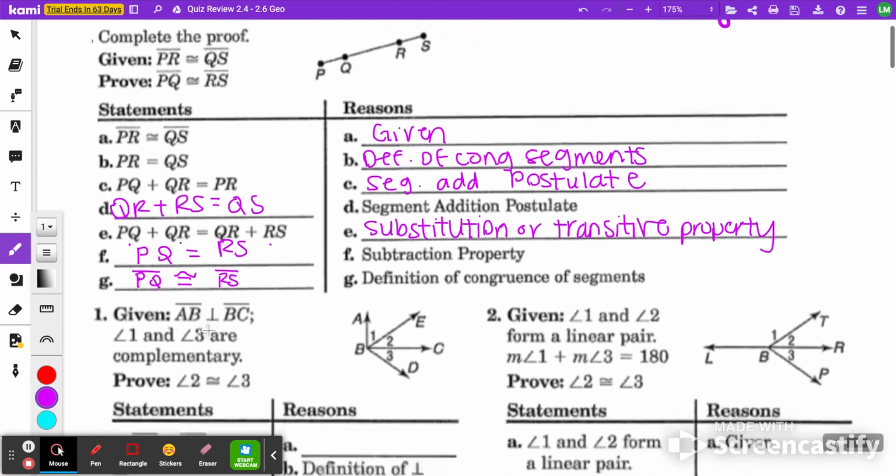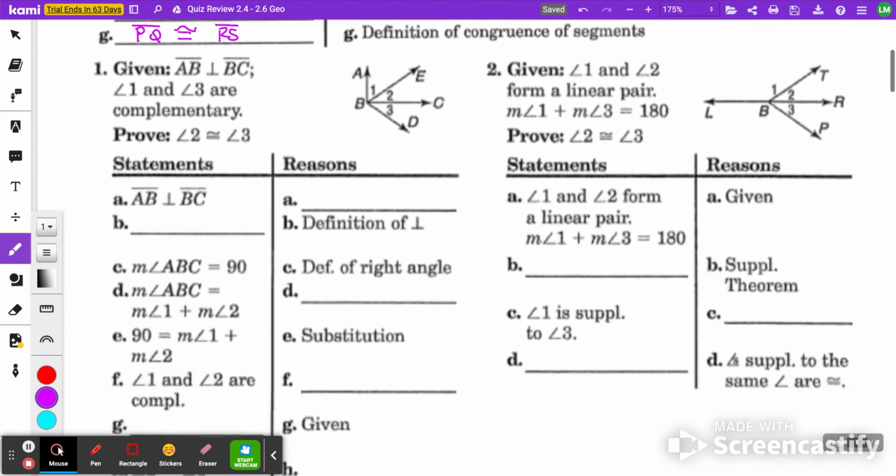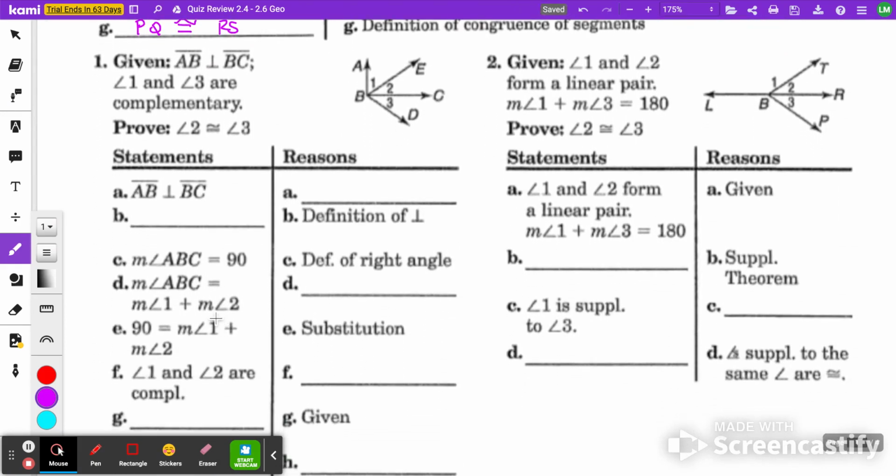Okay. Next up, we have given AB is perpendicular to BC and angles 1 and 3 are complementary, prove that angles 2 and 3 are congruent. So the first thing we're going to do is state our given, which is segment AB is perpendicular to segment BC. Then it says the definition of perpendicular.